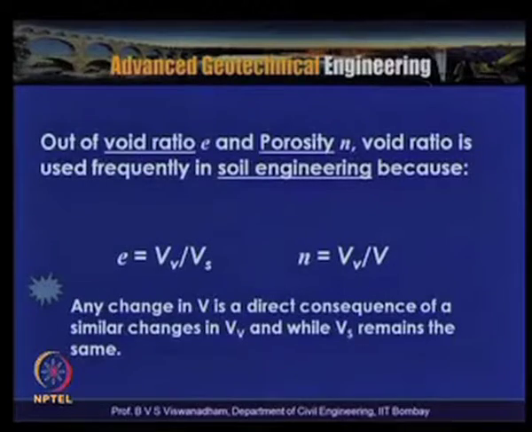So, if you see the numerator and denominator, Vs remains constant in case of void ratio. But in case of porosity, both numerator and denominator undergo a change. Hence void ratio e is frequently used in soil engineering.